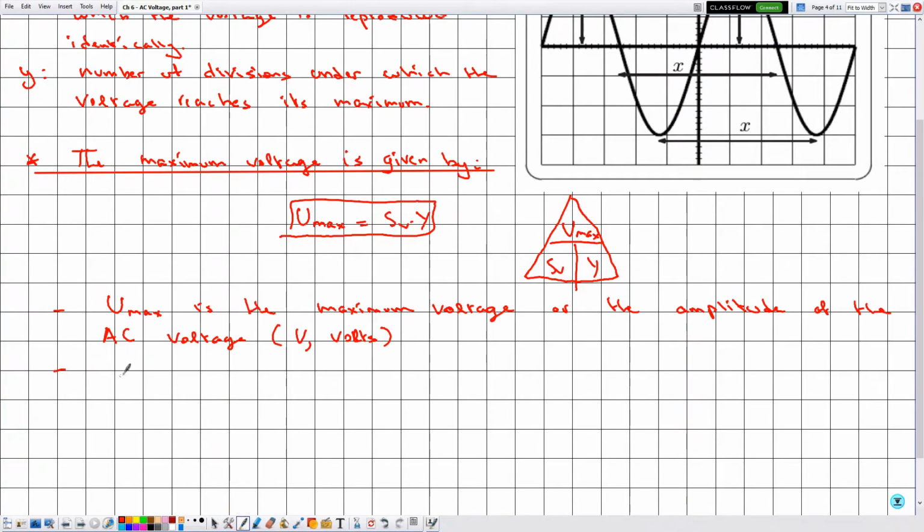Now what about SV? SV, as we know, is the vertical sensitivity.